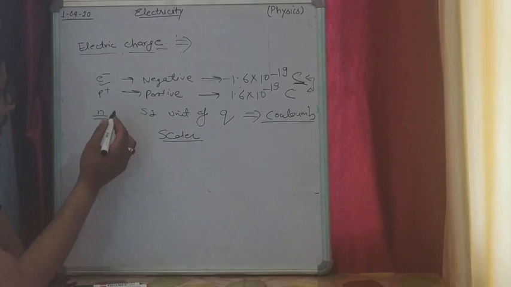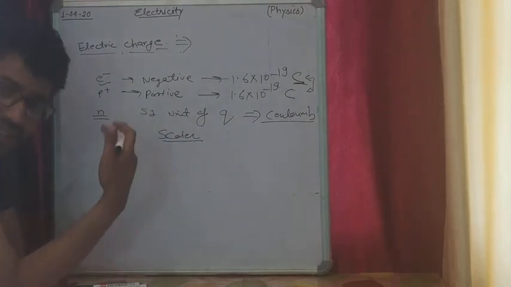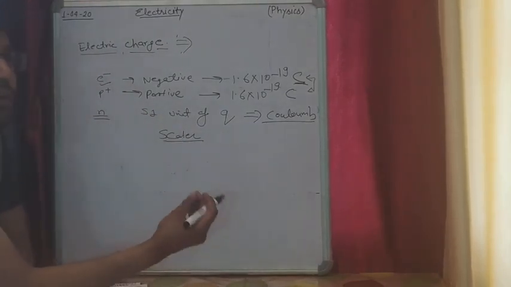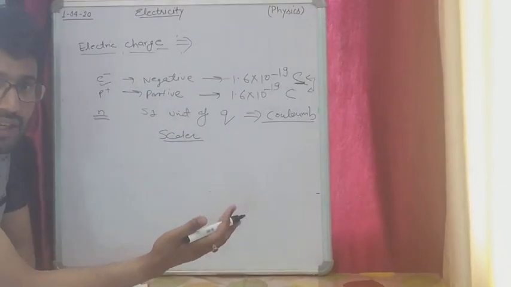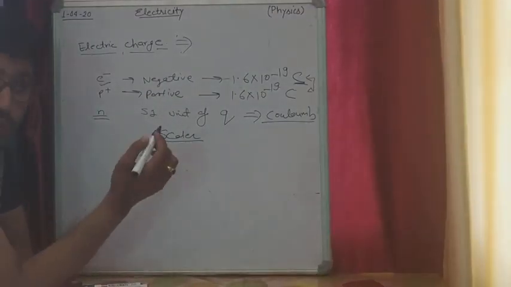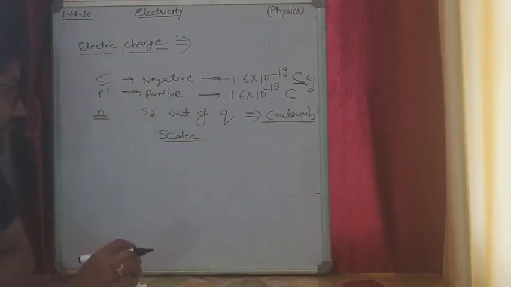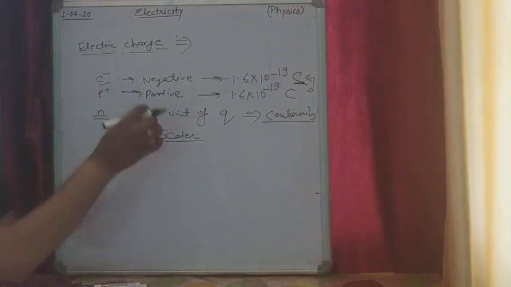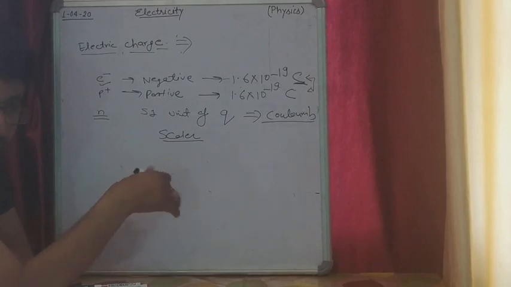Let me talk to you about when electric charge is at rest and when electric charge is in motion. I already said this thing to you, that there are two types of study in physics. One study when electric charge is at rest, and another when electric charge is in motion.